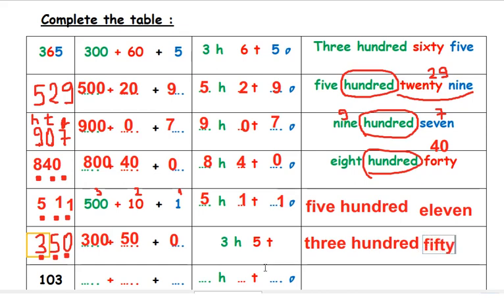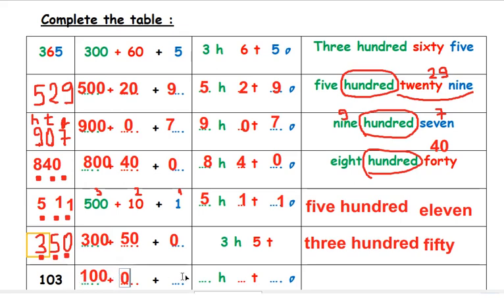Okay, great. Now let's do the last one. I have the number written in digits. Okay, so I have ones, tens, and hundreds. How many hundreds? You see, I have 100. So I will write in here 100. And then what? The tens. The tens are 0. And the ones, 3.